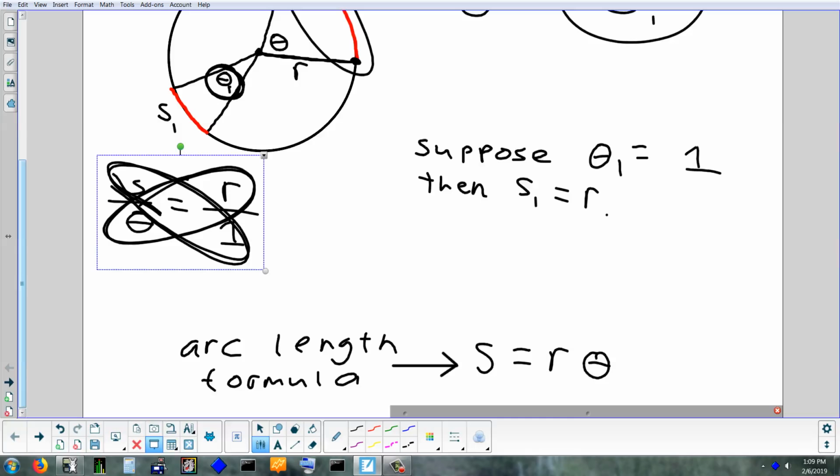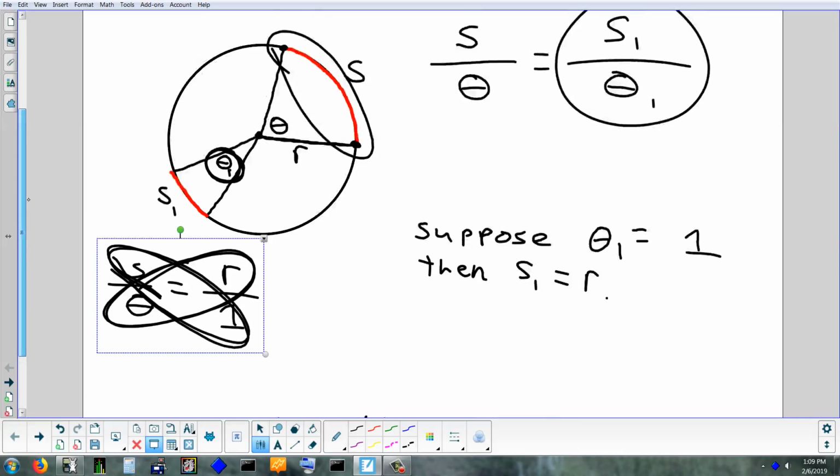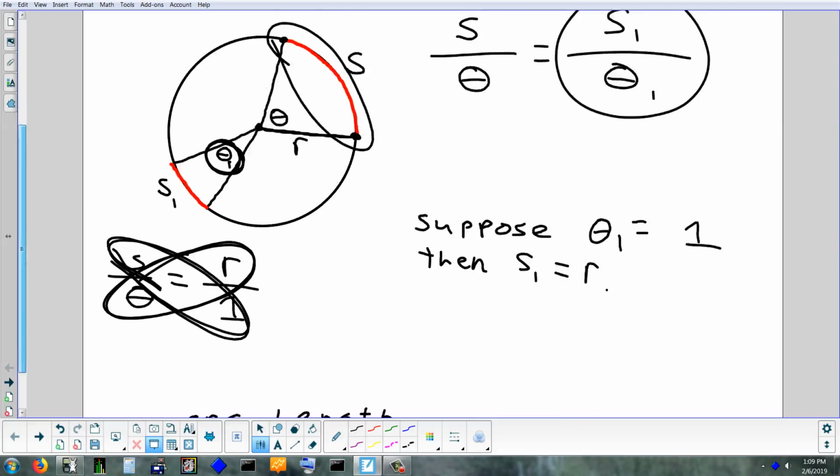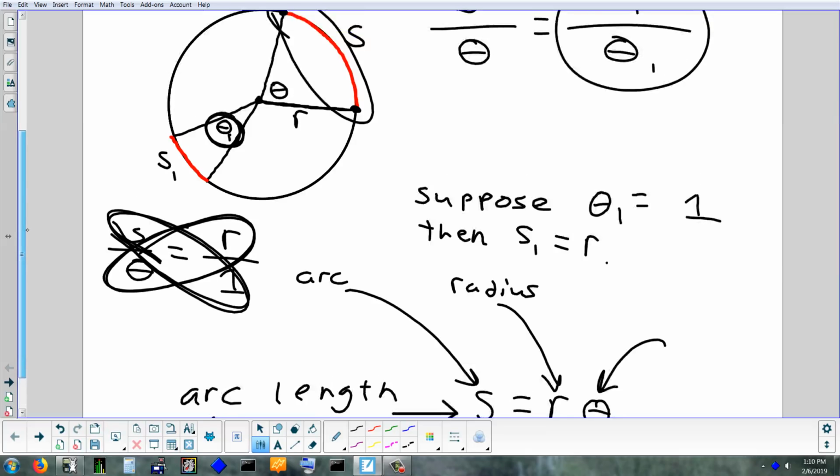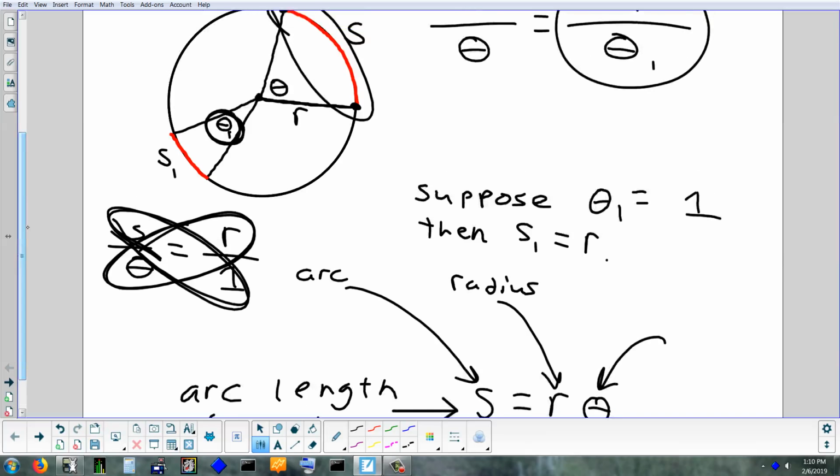So S stands for the length of an arc. What do you think R stands for? R is the radius. And what about theta? Theta is an angle. Now there's something special about the angle.